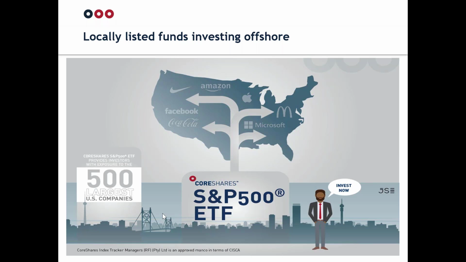So your rands are arriving into the CoreShares S&P 500 ETF, and our portfolio manager then goes and buys dollars, so changes your rands into dollars, and then uses those dollars to buy all the underlying exposure, those 500 biggest US companies. So from your perspective, it's very simple. When that ETF pays out dividends, you receive those dividends back in rands.